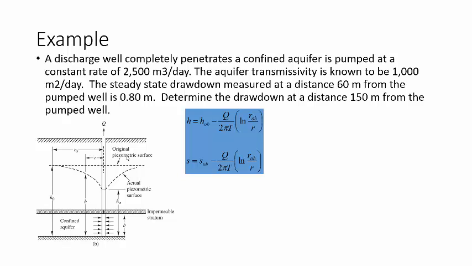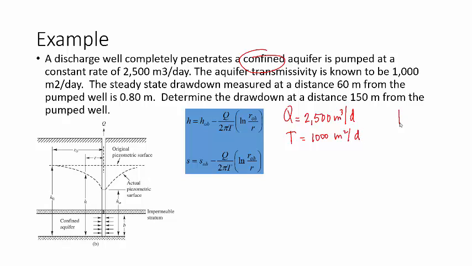This is a discharge for a confined aquifer. That's the first thing you have to make sure you see. Let's see what we have. Q equals 2,500 cubic meters per day, and the aquifer transmissivity T is 1,000 square meters per day.